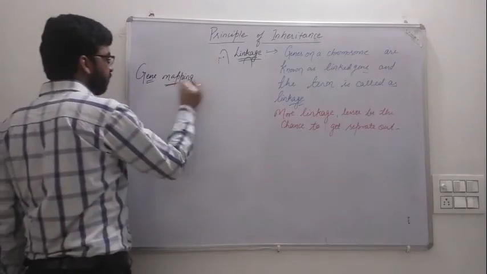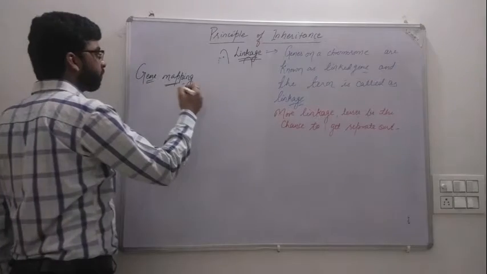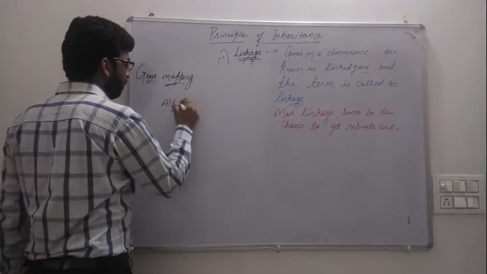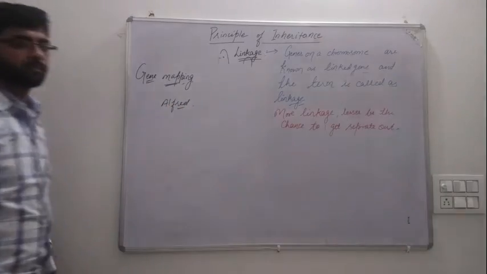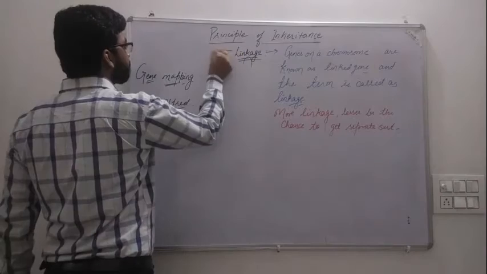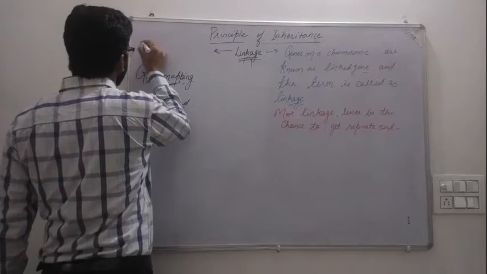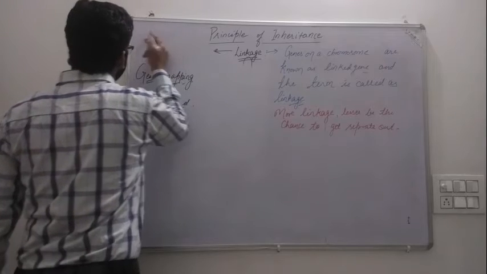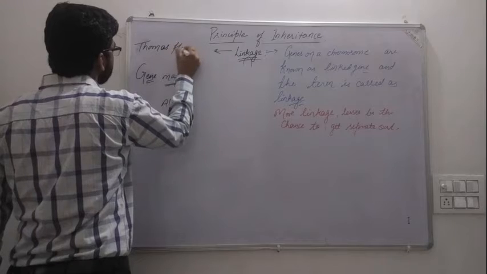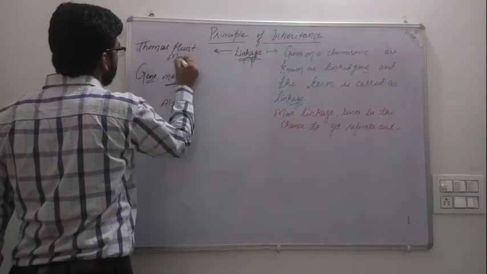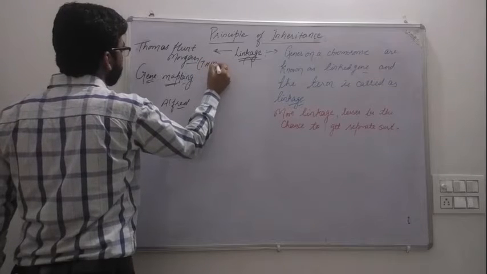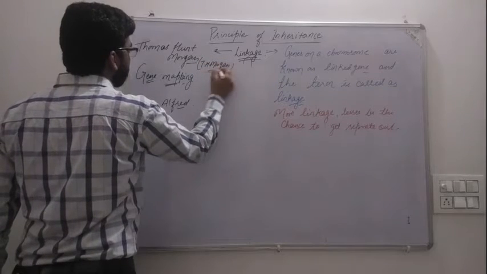The term gene mapping was given by Alfred, and the concept of linkage was given by Thomas Hunt Morgan, T.H. Morgan.